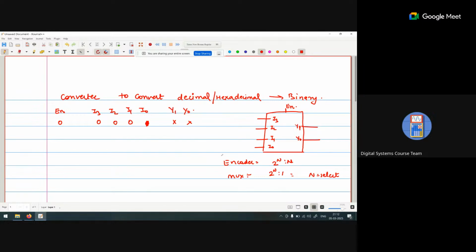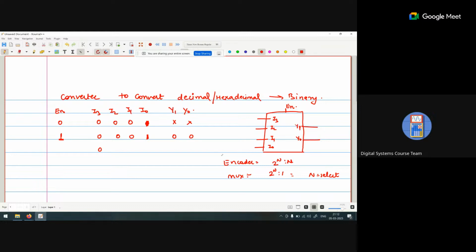When the enable is 1, and we apply I0, the combination of Y1 and Y0 becomes 0 0.